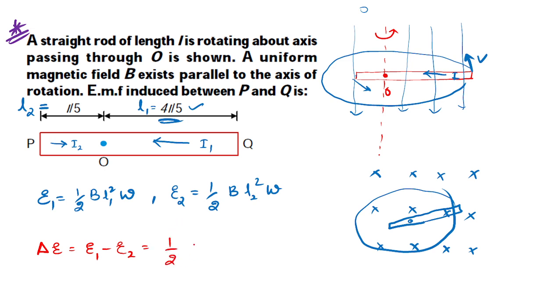So half into B into, instead of L, what can I write here? 4L divided by 5 whole square into omega, minus half into B into L by 5 whole square into omega. Give me the answer now. How much will it come, right?